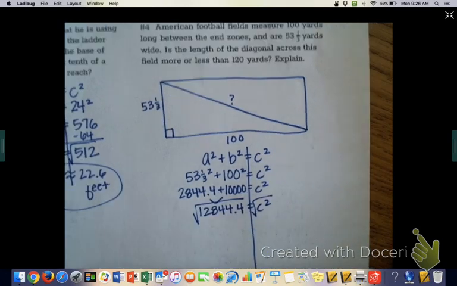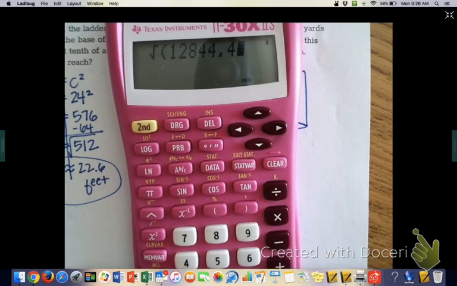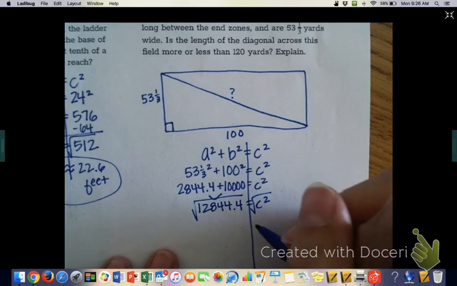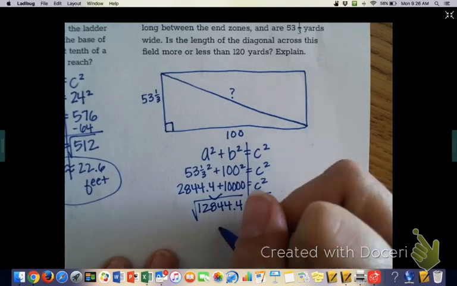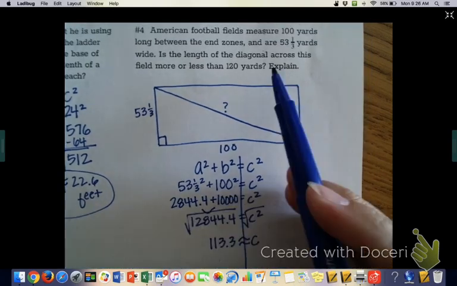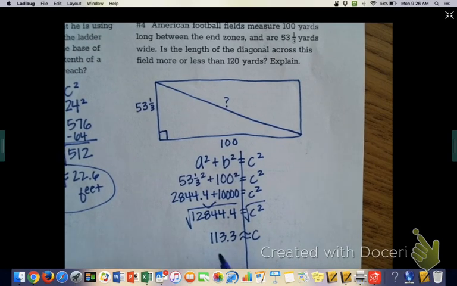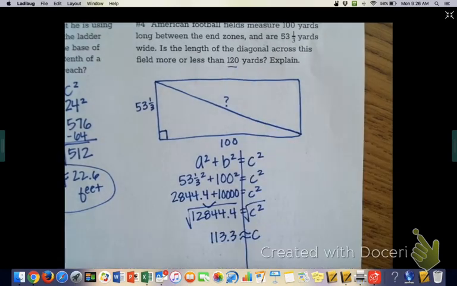All right, so the square root of 12,844.4 equals 113.3, so about 113.3. So the question was, is it more or less than 120 yards? So is 113.3 more or less than 120 yards?